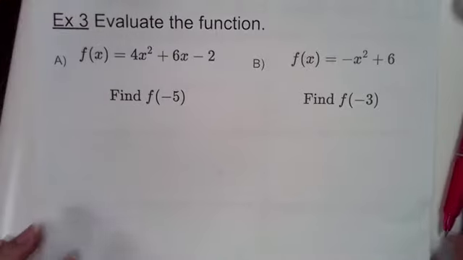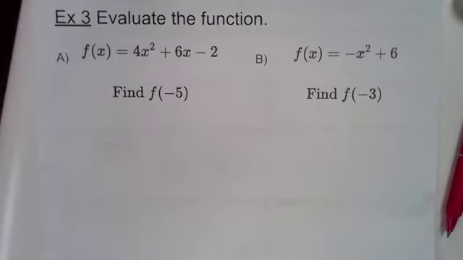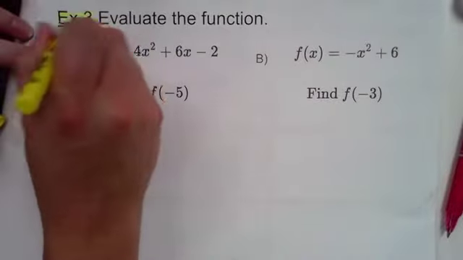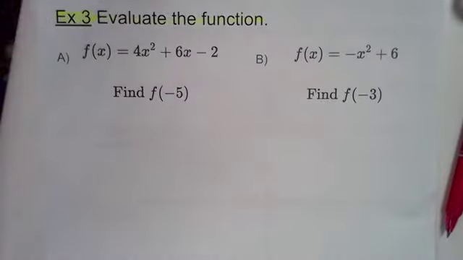Sorry about that. Example 3, evaluate the function. The nice thing here is we're doing some just notation. And the nice thing is if you have a calculator, you can totally use your calculator to help you out. And that's going to make life a lot easier in most cases.